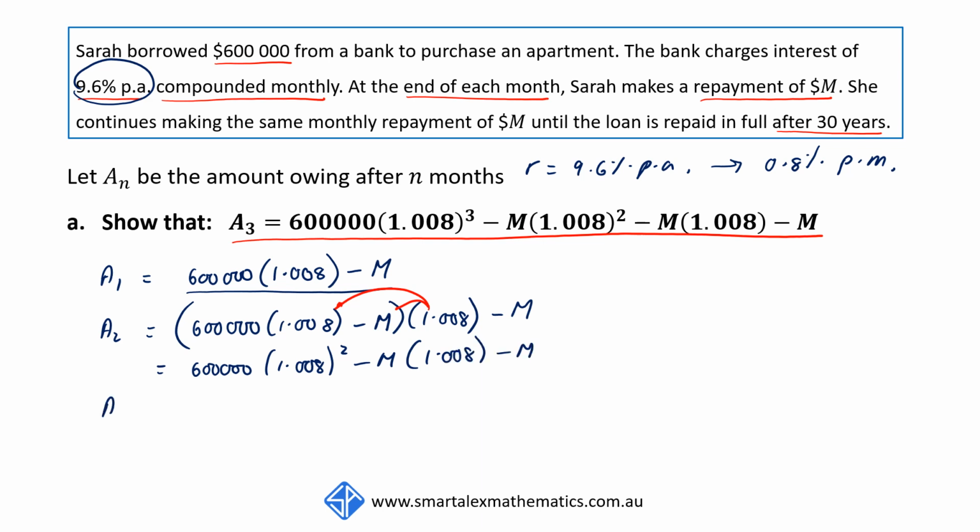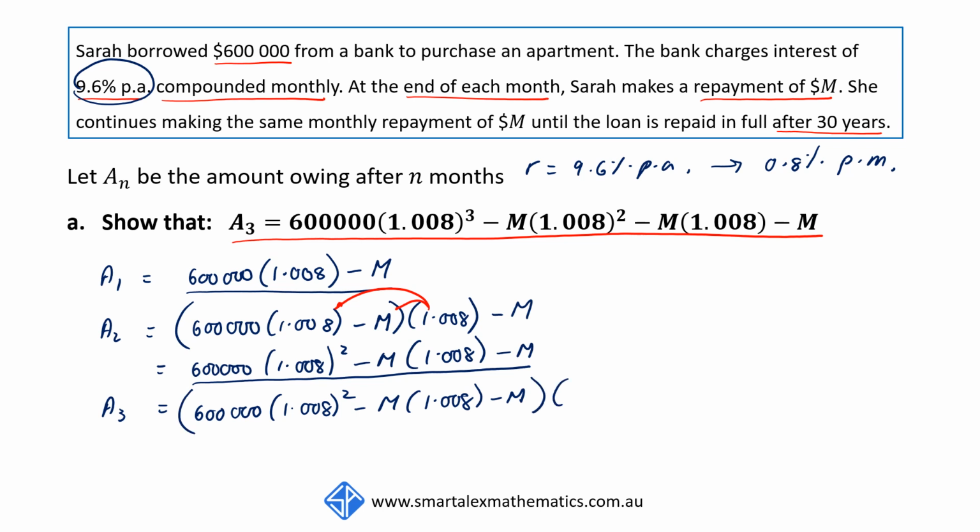Now for A3, the same thing applies. This now becomes the amount owing, so the bank is going to calculate interest on that. So taking the expression A2, 600,000 times 1.008 squared minus M times 1.008 minus M, and all of this multiplied by 1.008 because that's the interest the bank is charging you, and then you're going to make a repayment of M dollars.